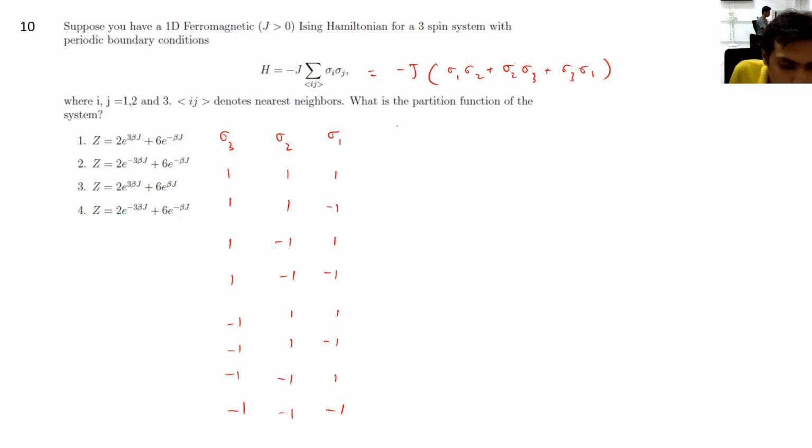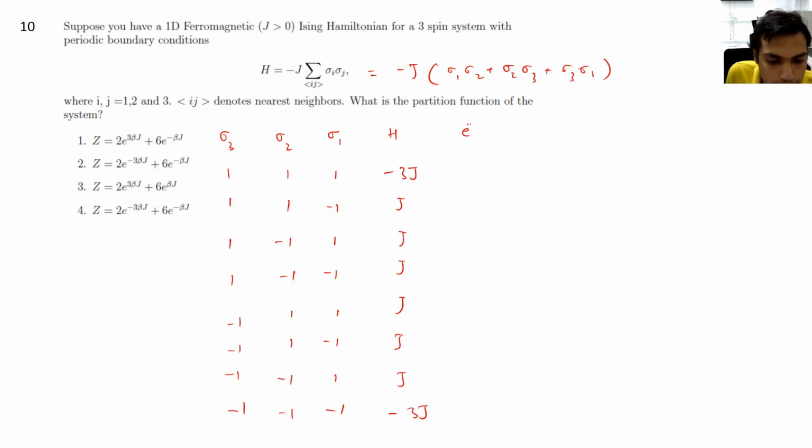Now what would be the value of this energy? Here it will be minus 3J. Similarly here also, you will get minus 3J. And if you see in the rest of the cases, you will get plus J each time: 1, 2, 3, 4, 5, 6.